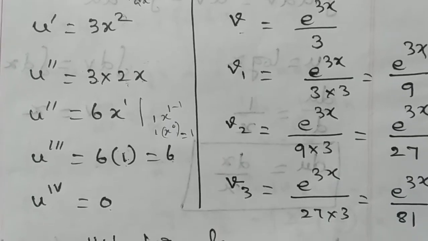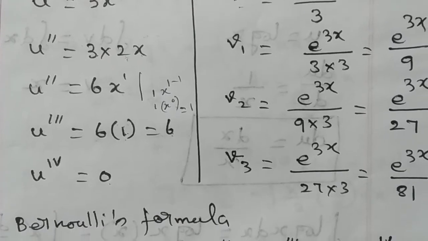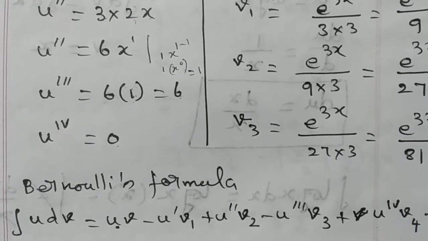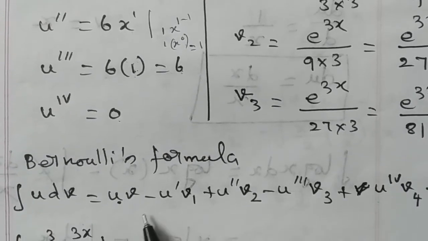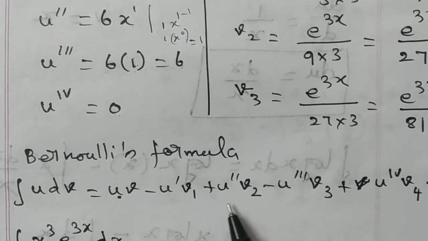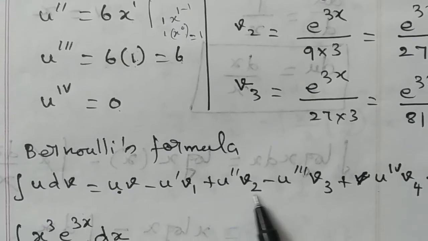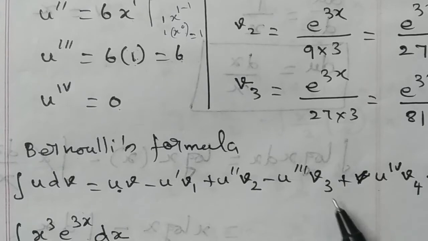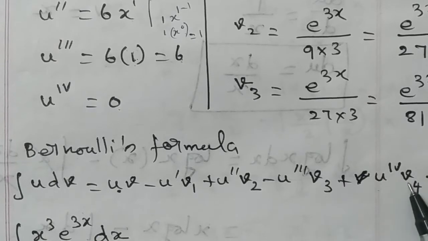So Bernoulli's formula, we know that integral u dv equals uv minus u dash v1 plus u double dash v2 minus u triple dash v3 plus u4 v4 minus, and so on.